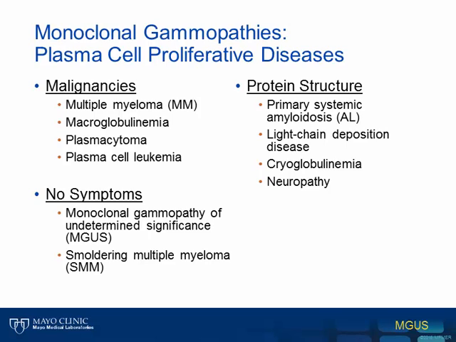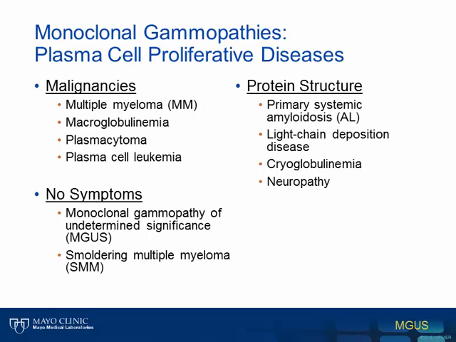The protein structure diseases, such as primary amyloid and light chain deposition disease, may or may not have large numbers of clonal cells, but they require intervention to eradicate the cells secreting the disease-causing protein. Although these are not malignancies, the survival of amyloid patients is actually shorter than for myeloma, for instance.